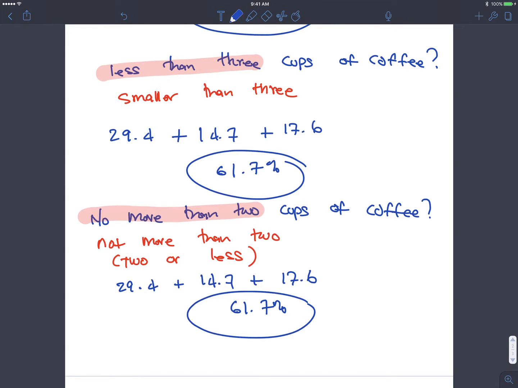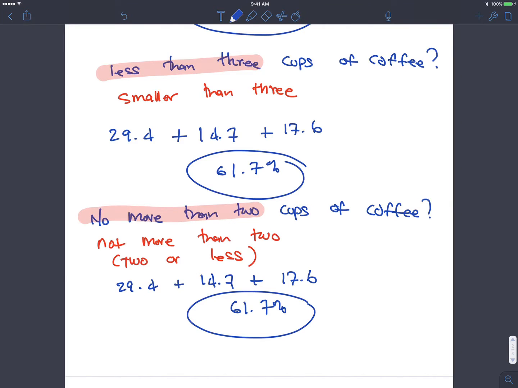So it's really the same question. The phrase no more than 2 is the same as less than 3. That sometimes happens. They just ask the same question in a different way. Not a big deal. Same exact answer. So we can say 61.7% of the sample drinks no more than 2 cups of coffee.